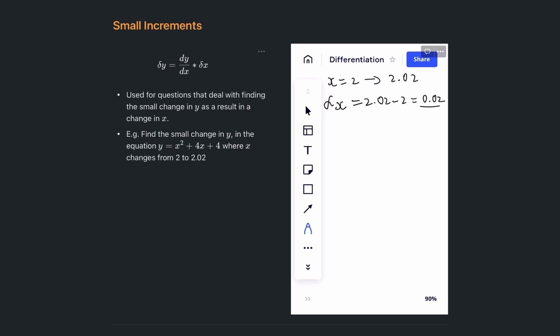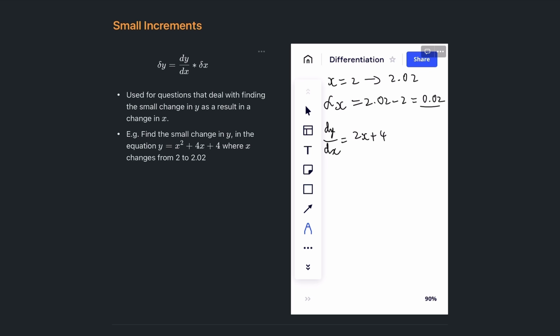So we have that part of the equation, and our dy over dx should be 2x plus 4, right? And we need a number for dy over dx. We can't just have x lying around in there, because then we can't find the change in y properly.